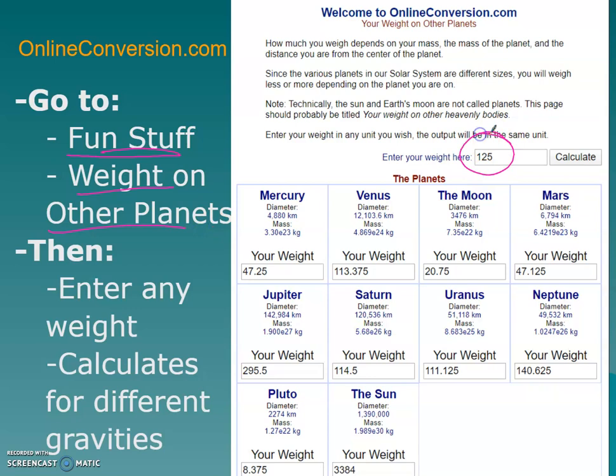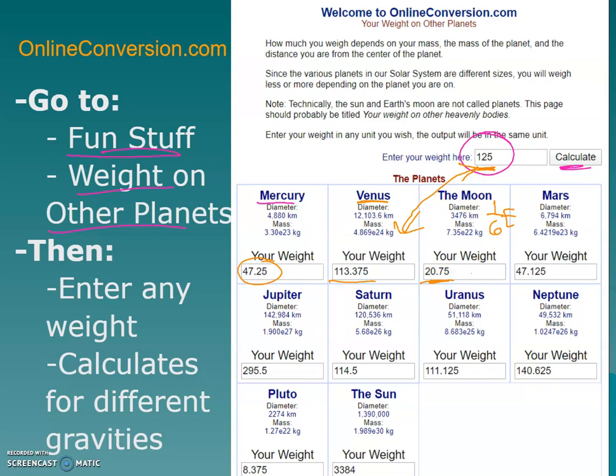So you can enter your weight in here, hit calculate, and it'll tell you how much you weigh on the other planets. If you weigh 125 pounds here on Earth, you would weigh 47 pounds on Mercury, 113 on Venus. They are approximately going to have the exact same amount of gravitational pull here, but the moon is 1/6 that of ours on Earth, so you would only weigh 20 pounds.